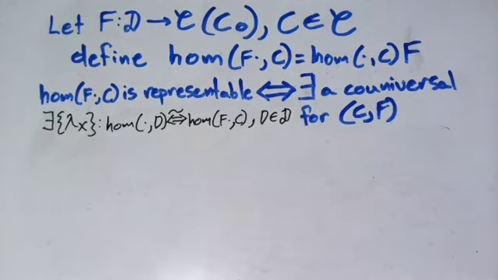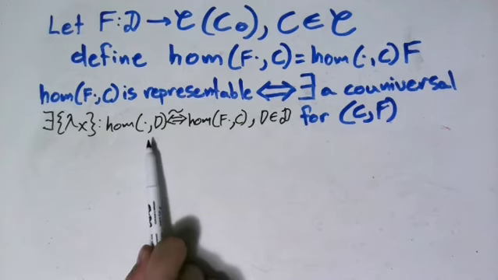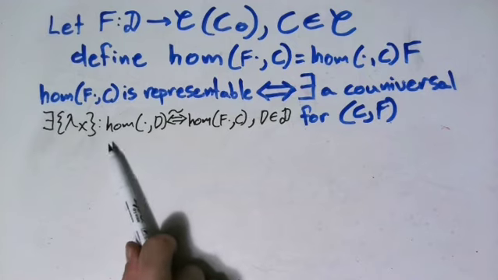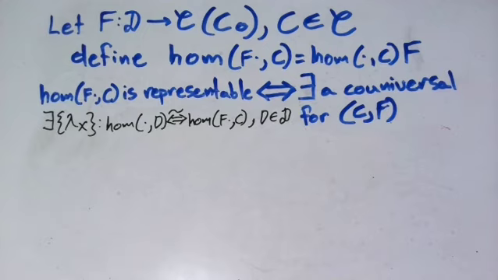But if you recall the video on Yoneda's lemma, you'll remember that anytime we have a natural transformation where the domain is a contravariant home functor, we actually know exactly what that natural transformation is going to look like. It can only take on a certain form. And so if you don't remember that, you can go back and check out the video on Yoneda's lemma.